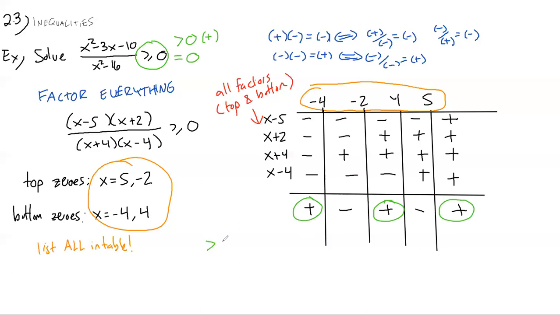So greater than 0 is going to be negative infinity to negative 4, combined with the second region, negative 2 to 4, and then combined with 5 to infinity.